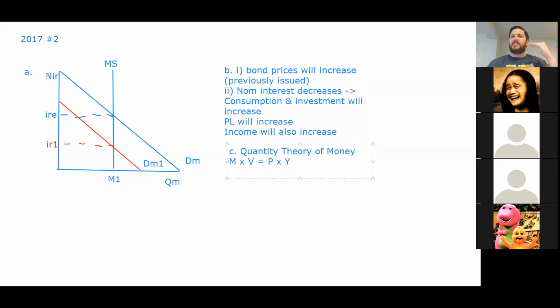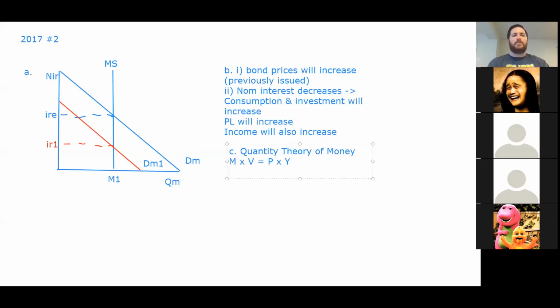Real GDP, yes, it does increase, but it increases slowly over time. So if we know that V for the most part remains constant and Y also remains constant, we then know that anytime there is a change in the money supply, there is also going to be an equal change in the price level. Okay, so that's just a basic recap of what the quantity theory of money says.